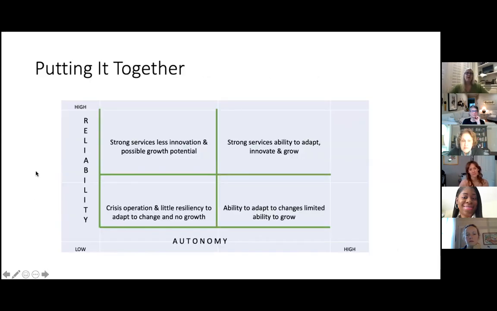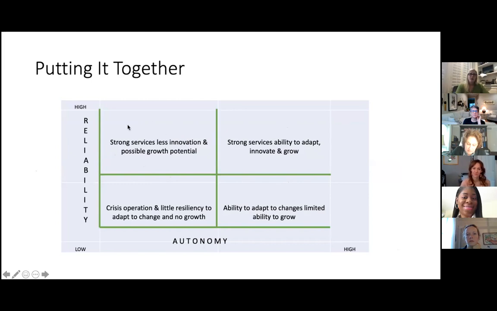So the way to think about reliability and autonomy, and this is another tool that you can use, because you can actually take your percentages and challenges and opportunities and plot your revenue sources on this. So I can put government up here or over here, depending on the way I see it. But let's look at that.